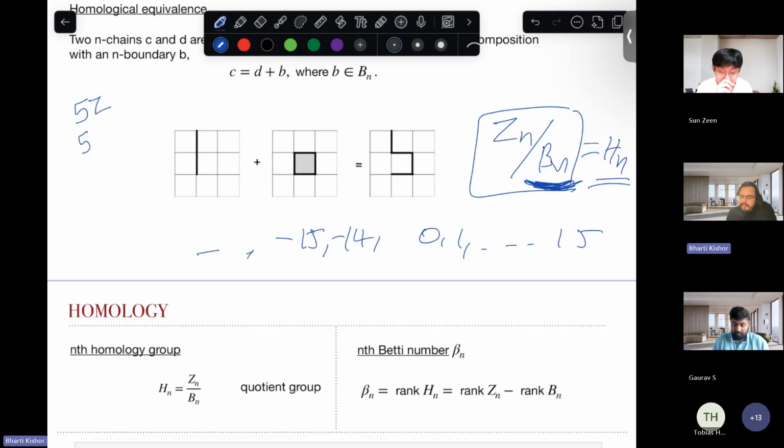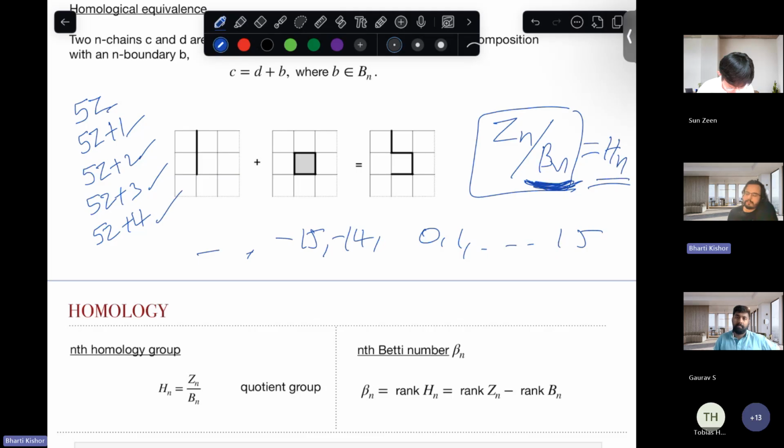Now, in this way, I can divide all integers into this format: 5Z plus 1, 5Z plus 2, 5Z plus 3, or 5Z plus 4. Any two integers which differ by a multiple of 5 will belong to the same quotient class. Sorry, they will be equivalent. They will be in the same equivalence class, basically, right?